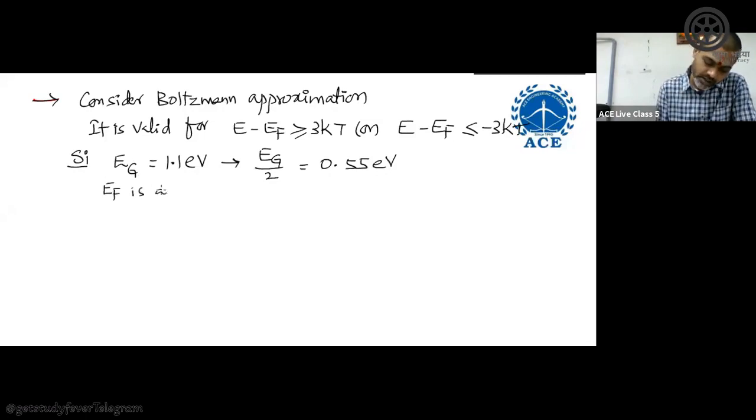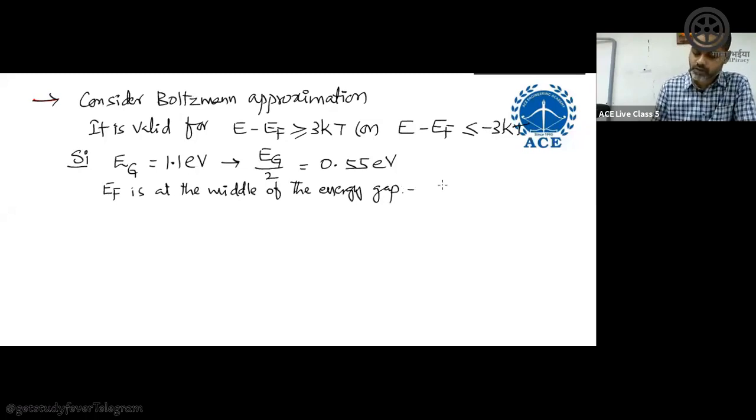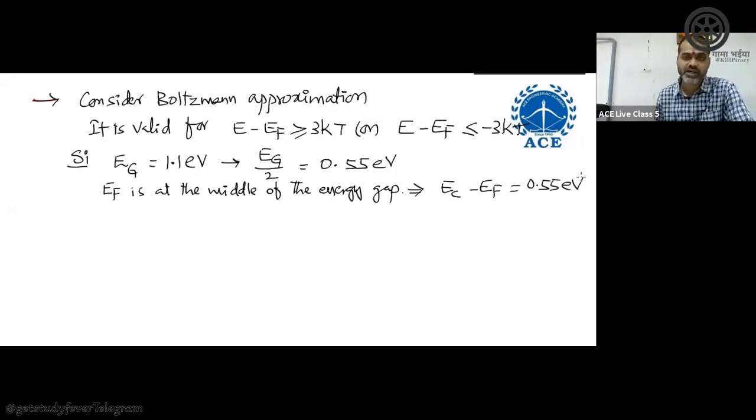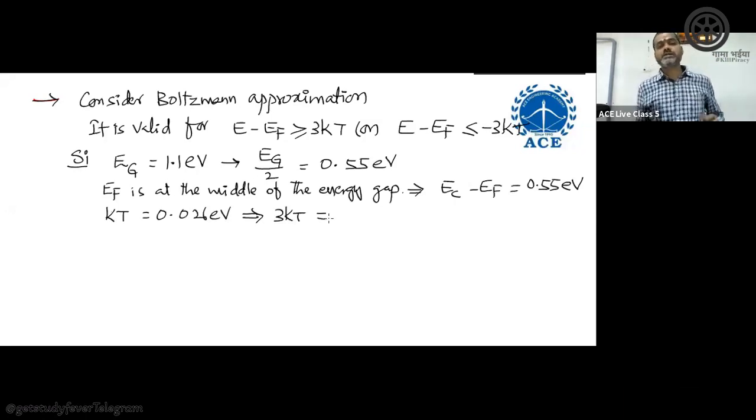EF is at the middle of the energy gap. So if that is the case, EC minus EF is going to be 0.55 electron volts, because EC minus EF is nothing but Eg by 2. And we know kT is 0.026 electron volts. Calculate 3 times that, 3 kT. Yes, it is 0.078 electron volts.